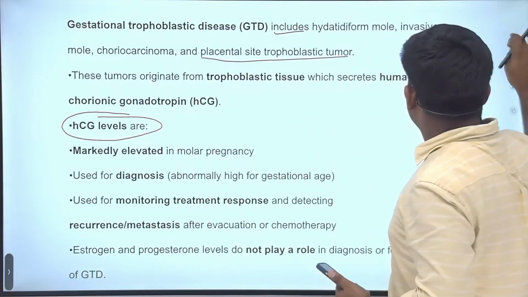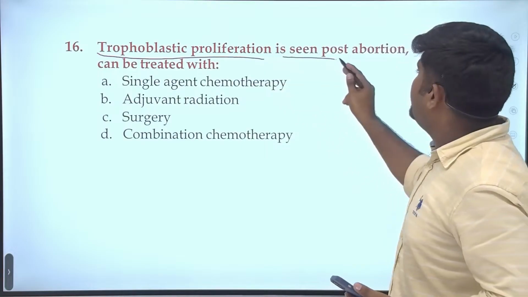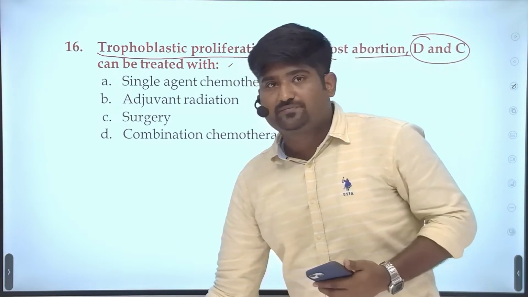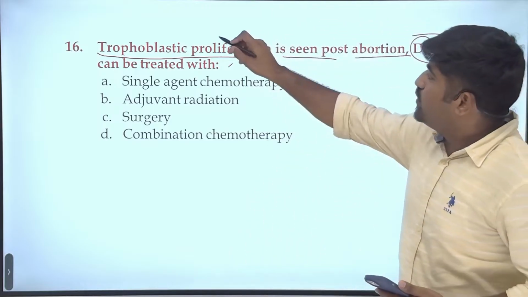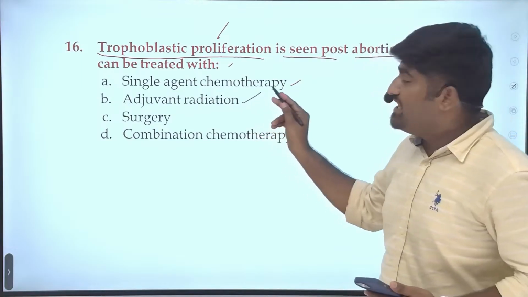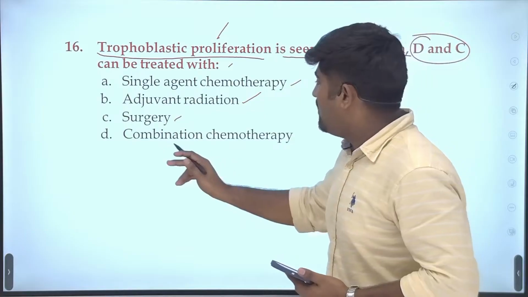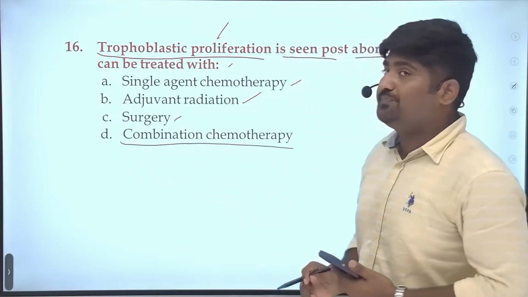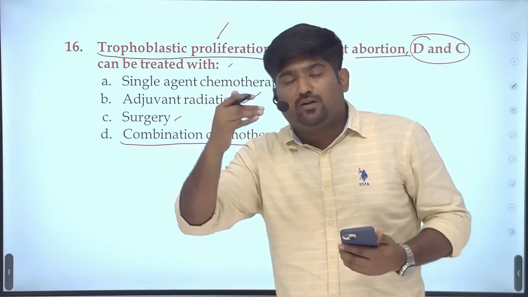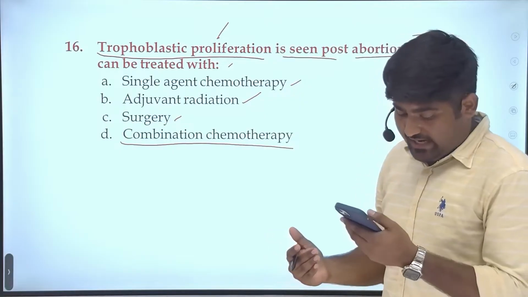Coming on to this, trophoblastic proliferation is seen in most abortions. It can be treated with single agent chemotherapy, adjuvant radiation along with chemotherapy and radiation, surgery, or combination chemotherapy. Combination means combining higher end chemotherapy and also lower end chemotherapy, like cisplatin.